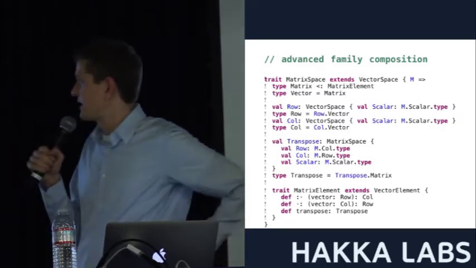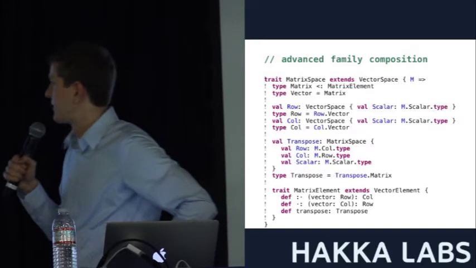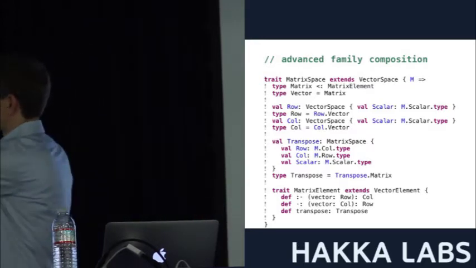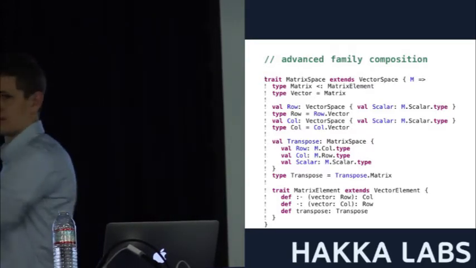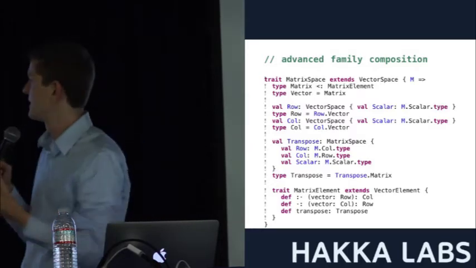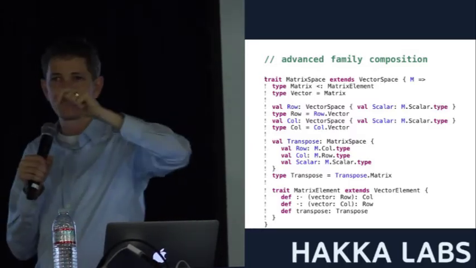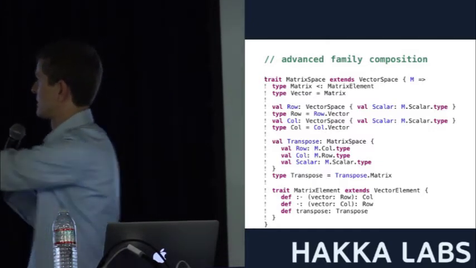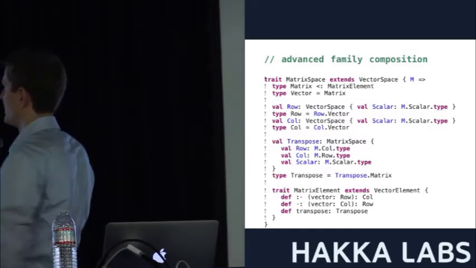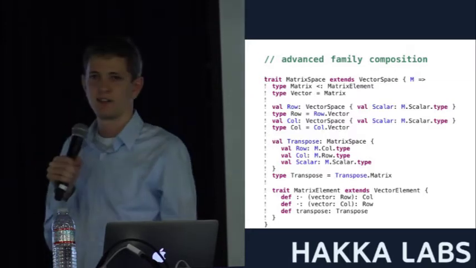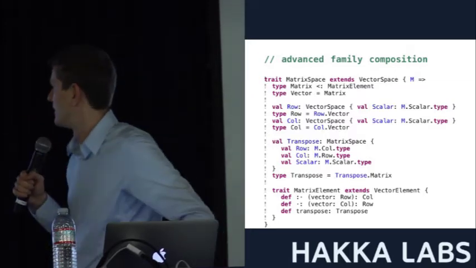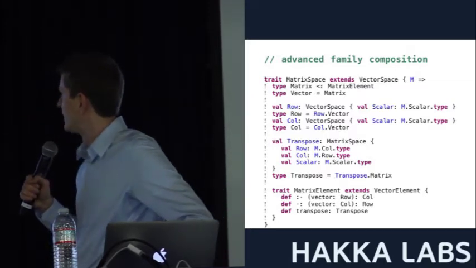And so we use a type refinement here with this val syntax, which you don't often see, but it's really handy. You say, hey, it's as if you created some custom subtype of vector space and overrode scalar to be some type, but it doesn't create one. This is all just type bookkeeping.